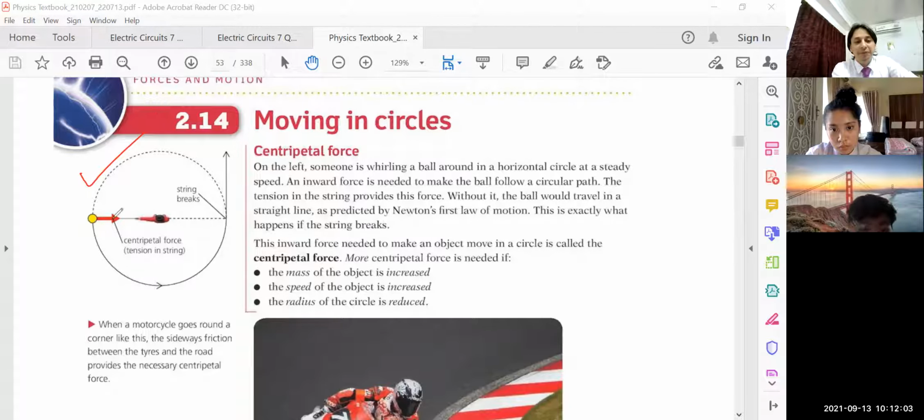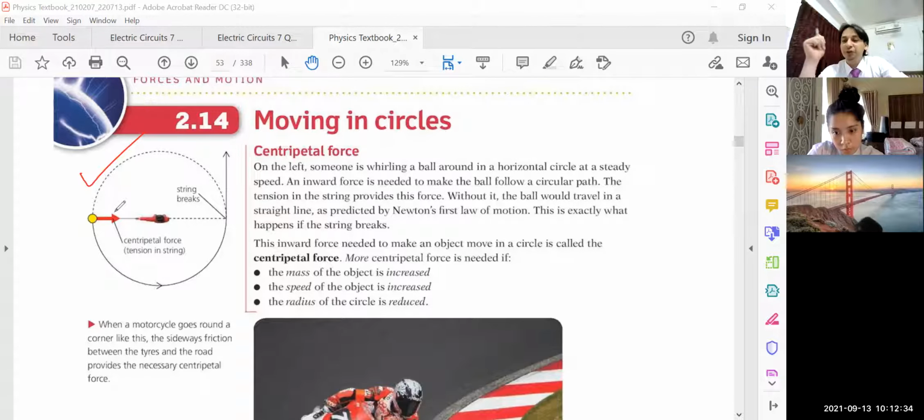There is a string, and I am pulling, I'm exerting a force on the thread, and due to that force this object is able to rotate. I'm applying a force with the help of my hand, with my wrist, and trying to keep the object rotating in a circular path.